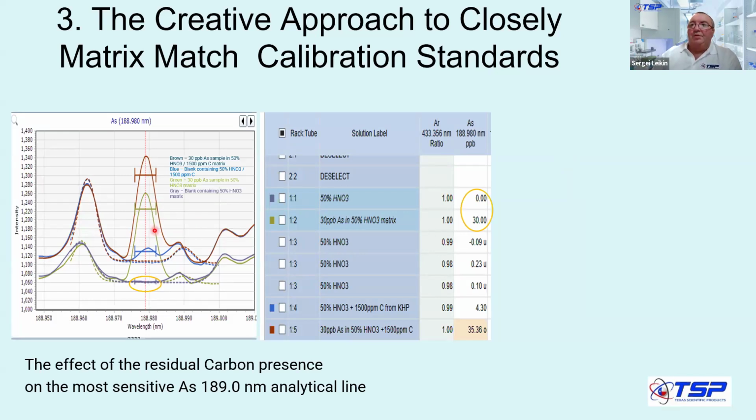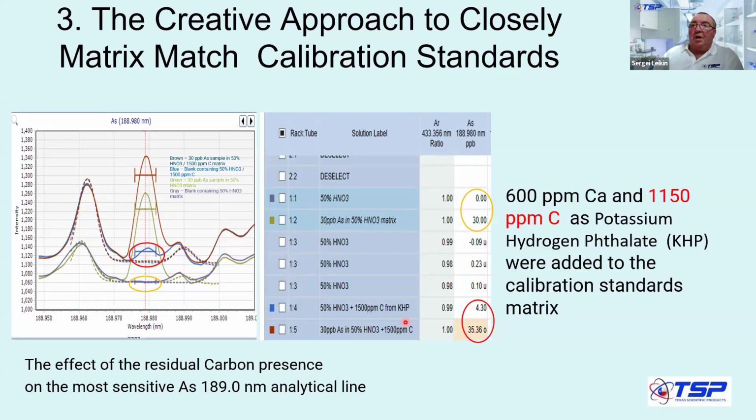Then when you start to introduce carbon, which is what we did to mimic what happens in the real sample, you have this bump right there, and this bump reads 4 to 5 ppb false positive arsenic. This is what happens. That's the effect of residual carbon on the arsenic line.